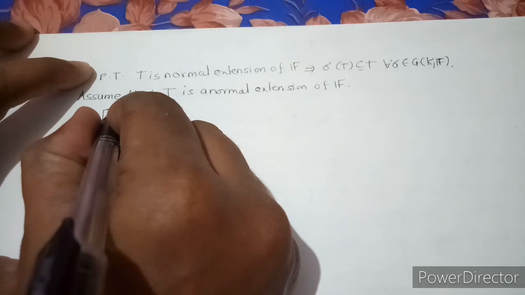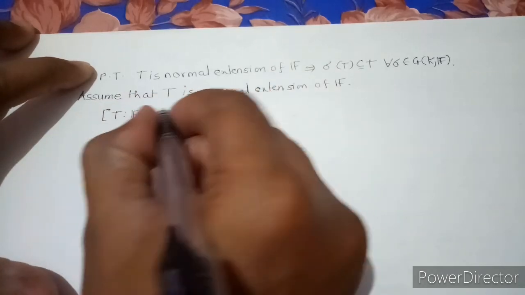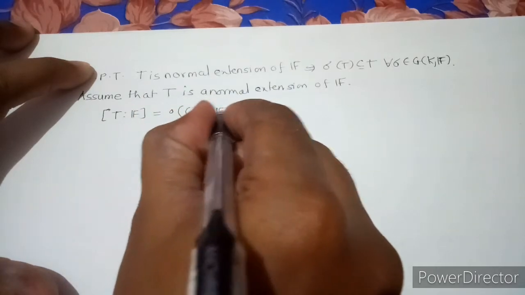we see that T is a finite extension of F, and the degree of T over F is equal to the order of G(T/F).